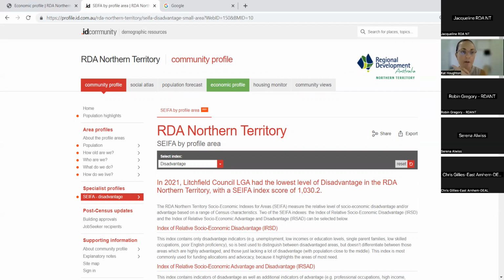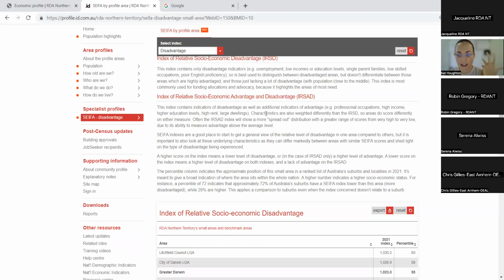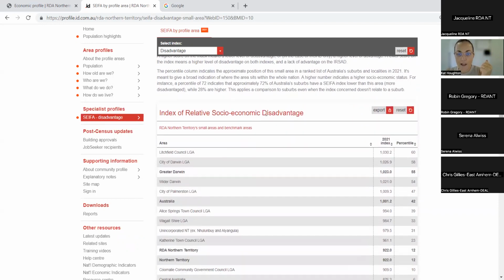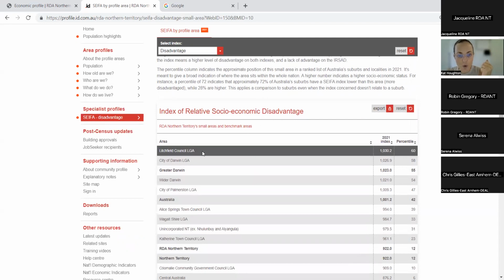It takes into consideration car ownership, education, things like that. So you have a higher level of advantage if you have a higher level of those things in your community.